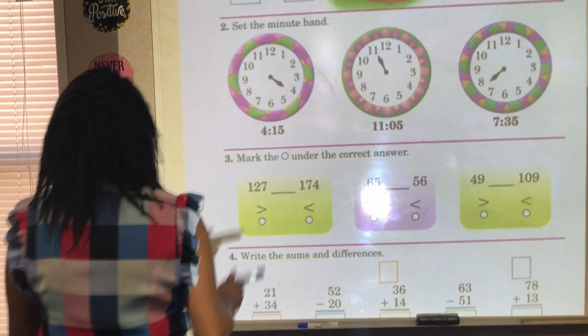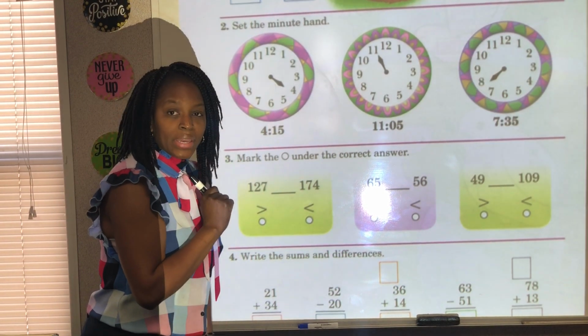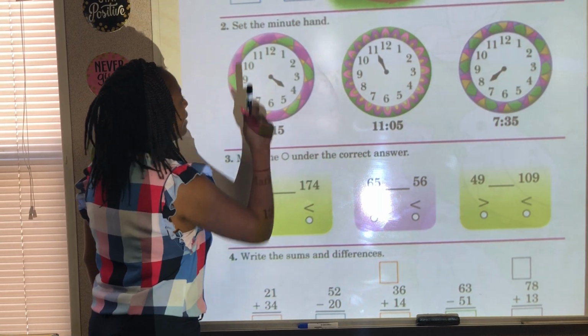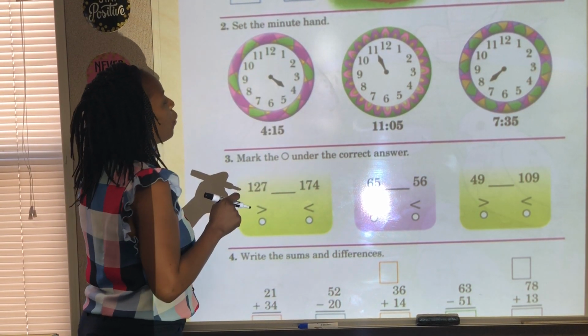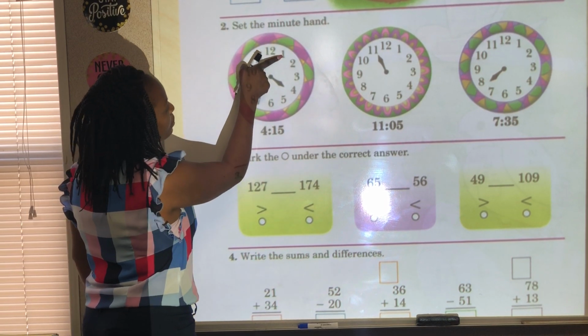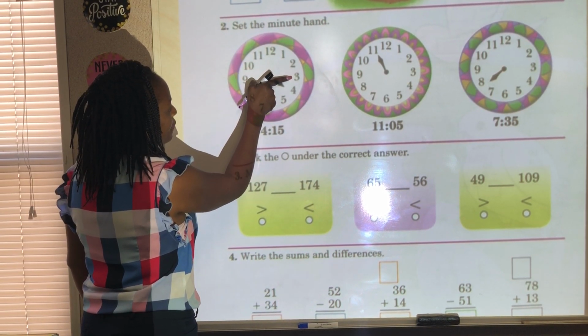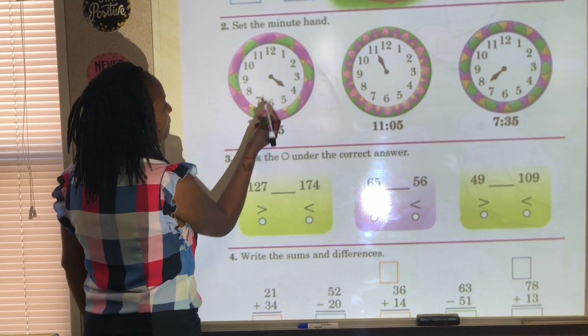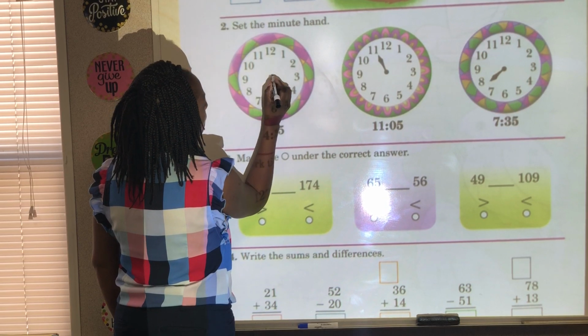So now you need to set the minute hand on 15. Remember, we count by fives when we go around the clock, starting with the number 1. So let's count with me. 5, 10, 15. So my minute hand needs to be on the 3.